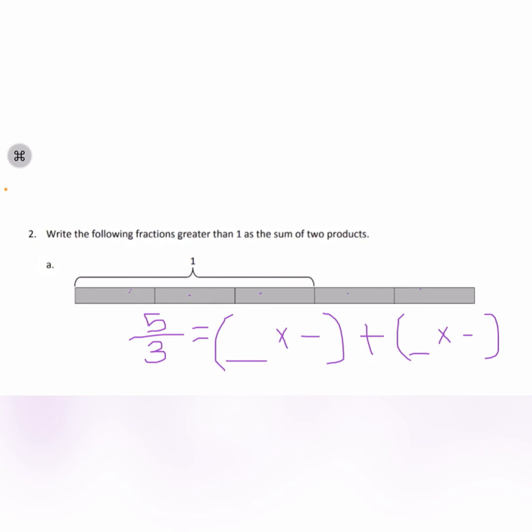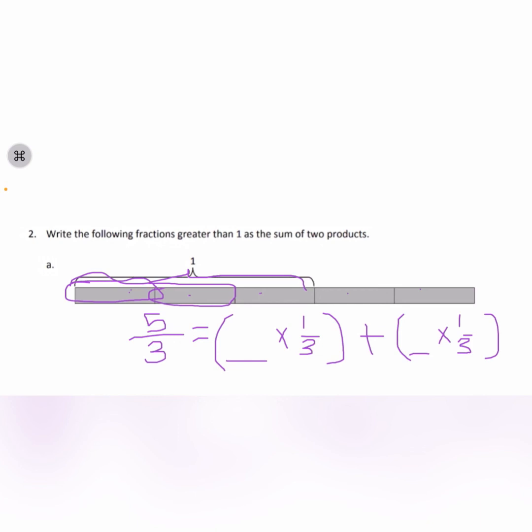Our first part would be to find a multiplication sentence that will demonstrate the one whole. So we're going to focus on just this one whole first. I know that the unit fractions we're working with are 1/3. This piece is 1/3, this piece is 1/3, and it continues like that. So our unit fraction is 1/3, and I can fill that in for both parts.